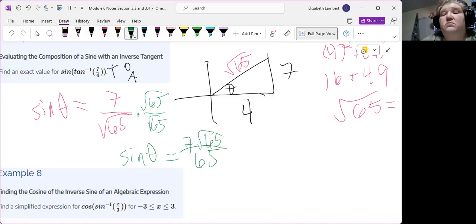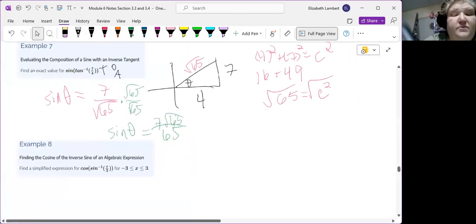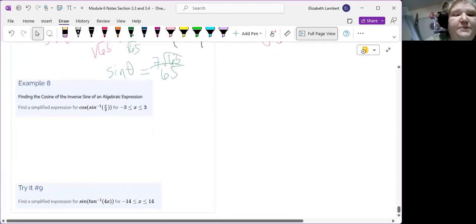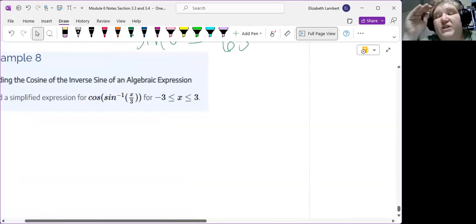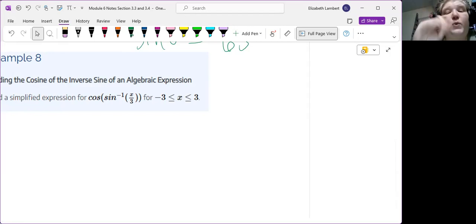All right, so given this kind of nested function setup, I can use the inside one to set up a triangle and then figure out the sine function of the triangle with the angle I labeled. So example 8 and 9 are going to do similar things, but instead of giving us a ratio of numbers, they're going to give us an expression. But we're going to handle it the exact same way.